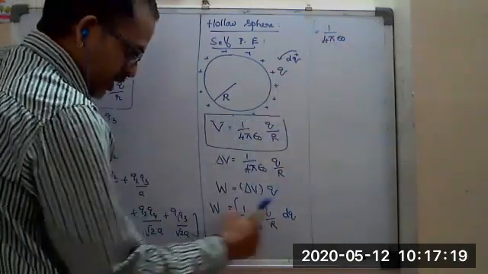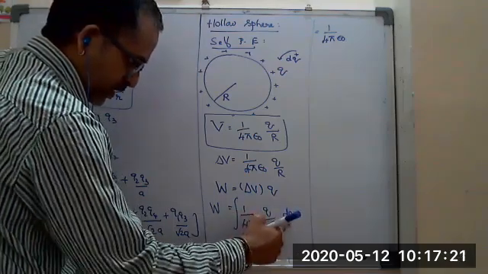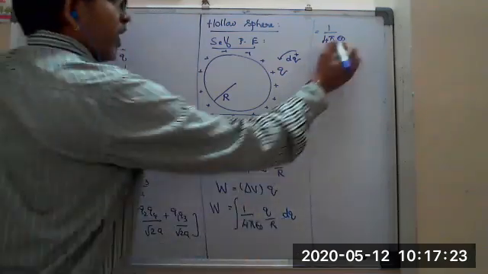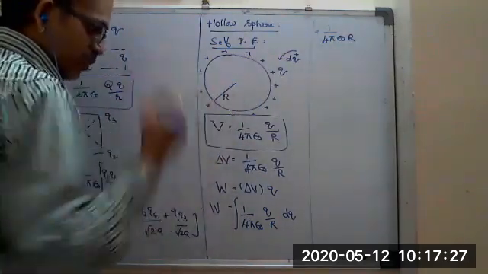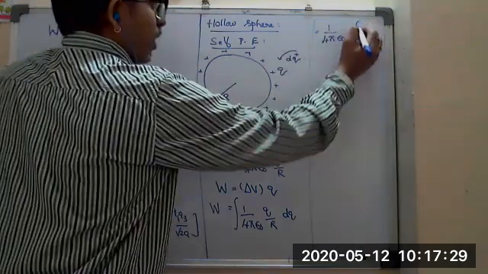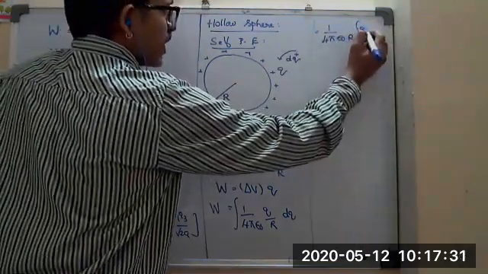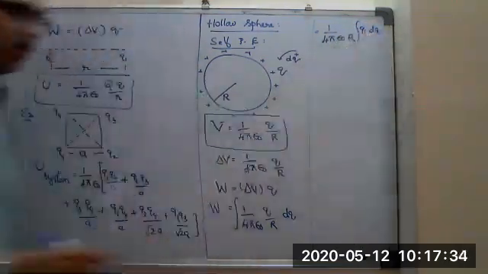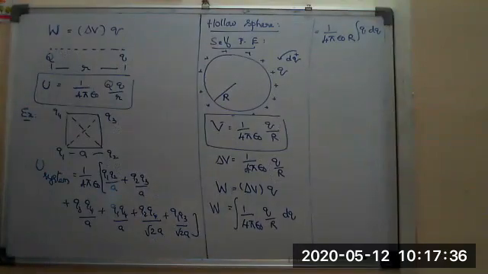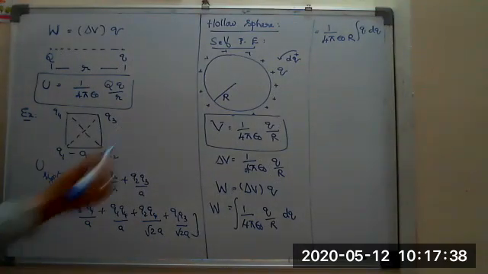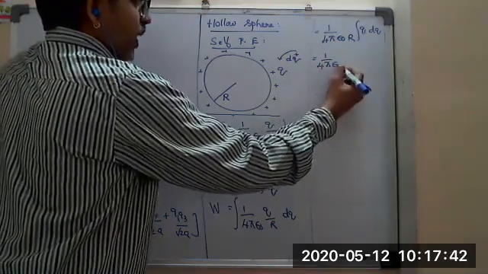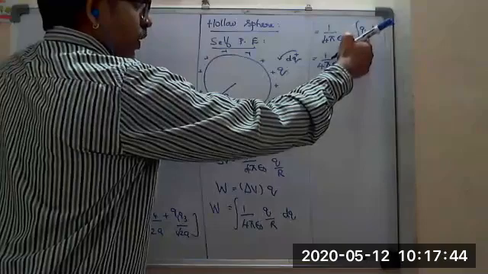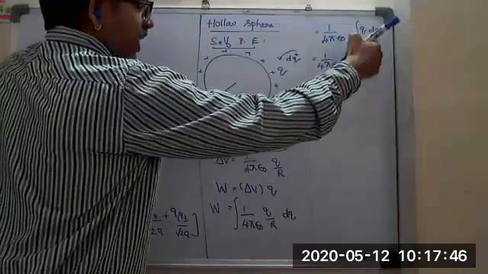Q is not a constant, because you are integrating with respect to dq, divided by r, which is a constant, the radius of the sphere, into the leftover term q into dq. Then this equals 1 by 4 pi epsilon naught r into q dq, like x dx.